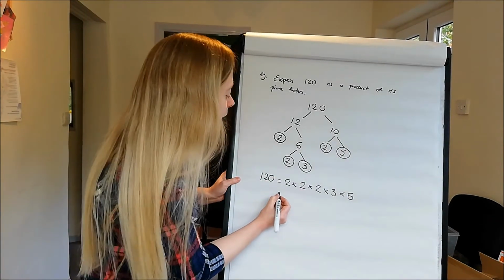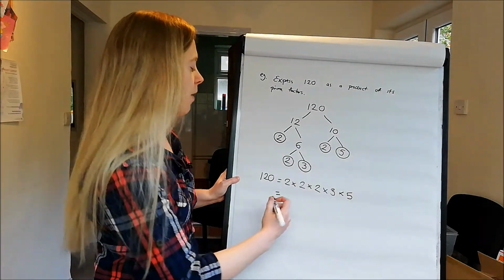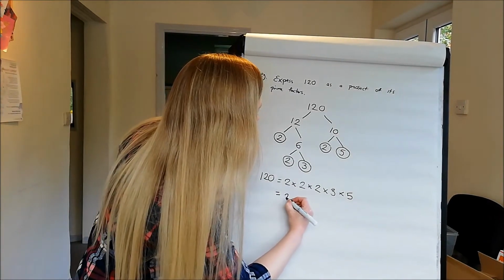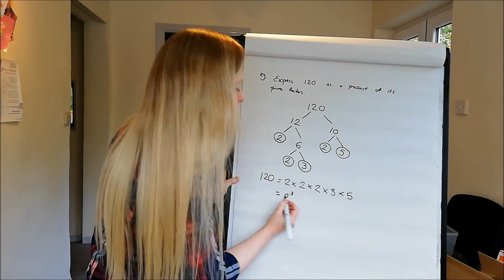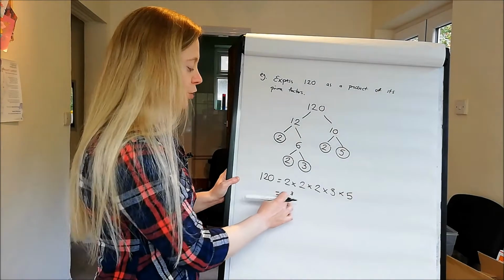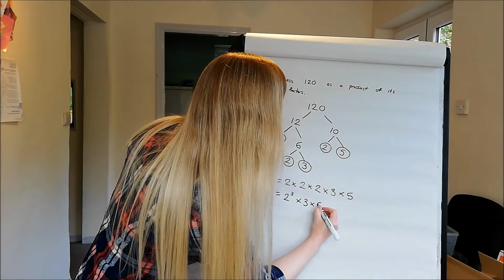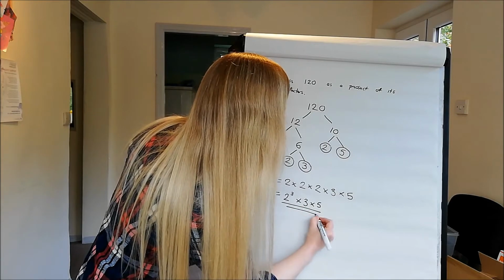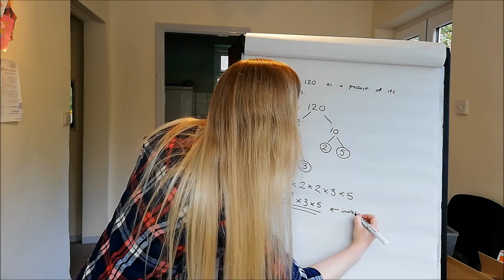Now, if the question asks you to give your answer in index form, what you then do is you put 2, and then because there's 3 of them, you put a little 3 in the air like that. So 2 to the power 3 times 3 times 5. So that there is index form.